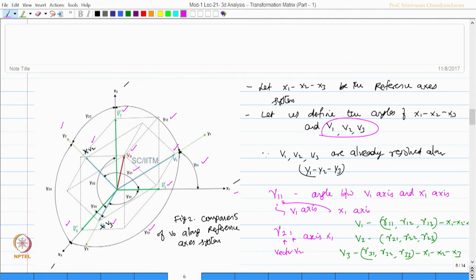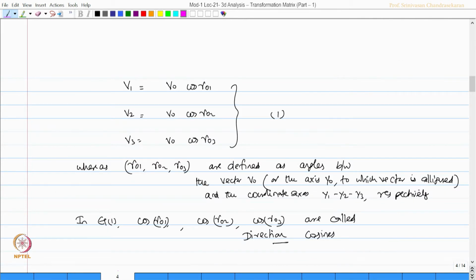So, now I want to connect V 1 bar, V 2 bar and V 3 bar with that of V 1, V 2, V 3, because V 1, V 2, V 3 we already know. You can see from this previous equation V 1, V 2 and V 3 are known, provided the direction cosines are measurable and the vector is known to us. Okay.